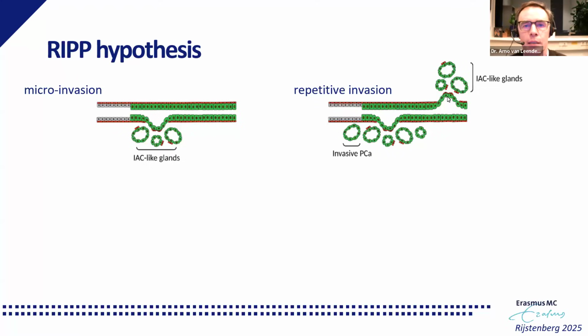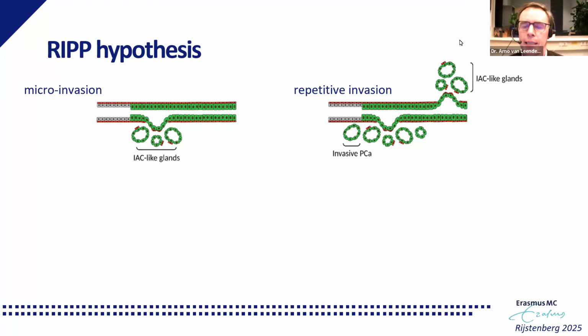Actually, in the study we did, in some of the radical prostatectomy slides, we found up to 8 invasive foci within one slide. This may happen all the time, and it would give rise to another area of invasion. This could also nicely explain why we see multifocality in prostate cancer.